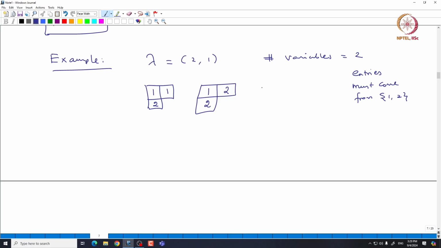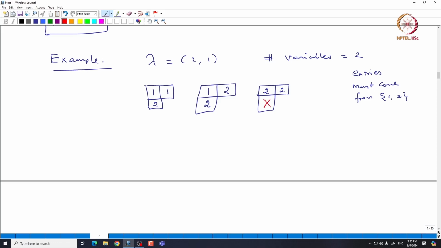So, now if you go to the next filling, we can actually start with 2 also, but if you start with 2, then the rows should not be increasing. So, it is weakly increasing. So, we can fill 2, but the problem will come when you come down to the bottom first column entry.